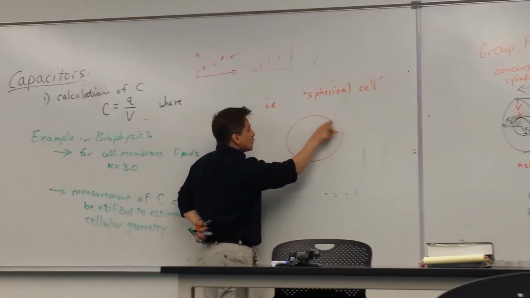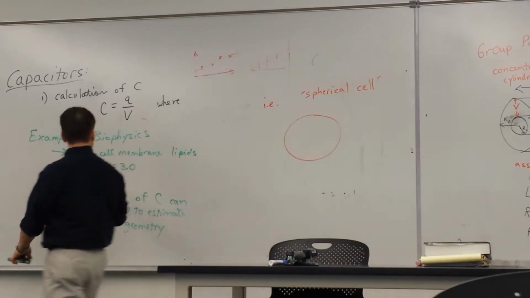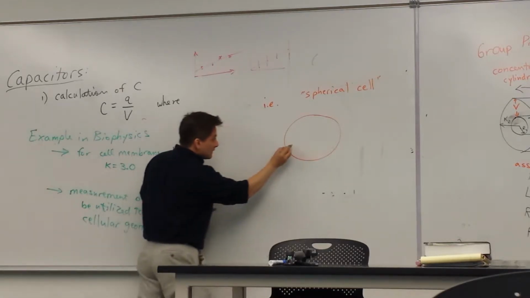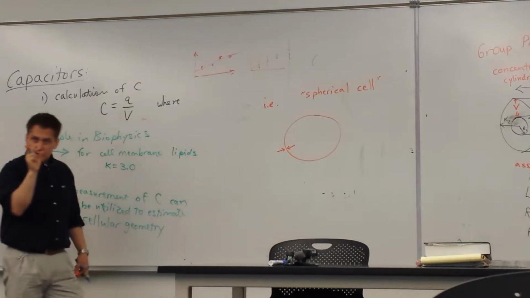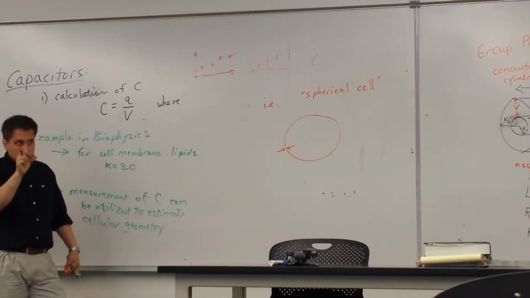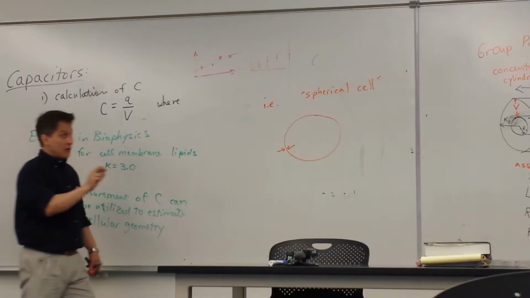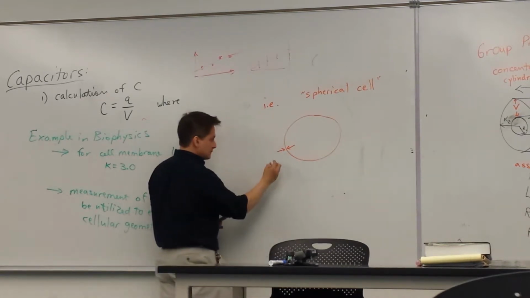And this is kind of a cool thing, actually. It turns out that I left one thing out here. The thickness between the two surfaces of a biological cell is about 50 angstroms.